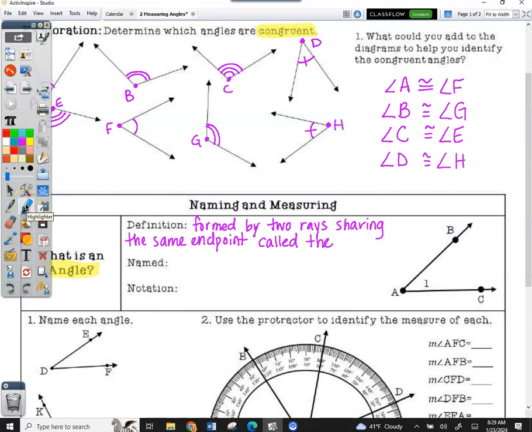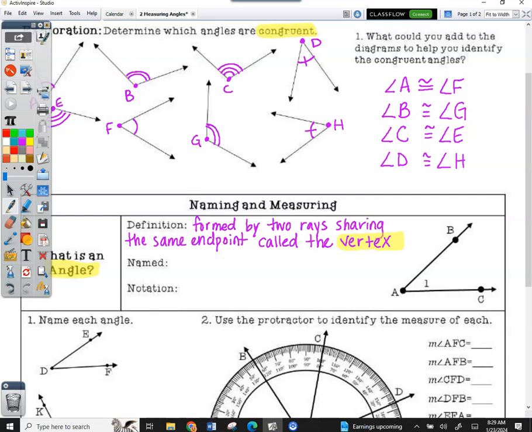So take your highlighter and draw a highlighted space right here for us to write the word vertex, because that is another vocab word. That's another vocab word that you need to know.